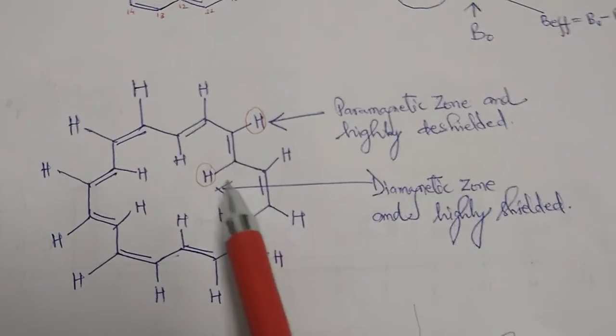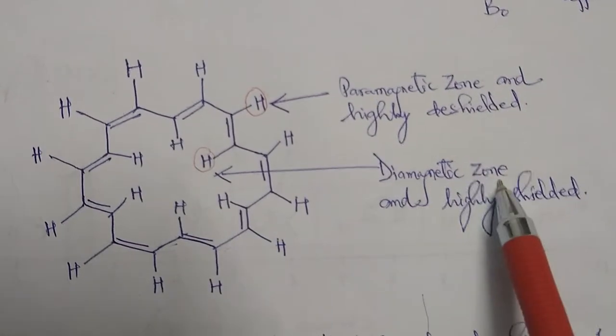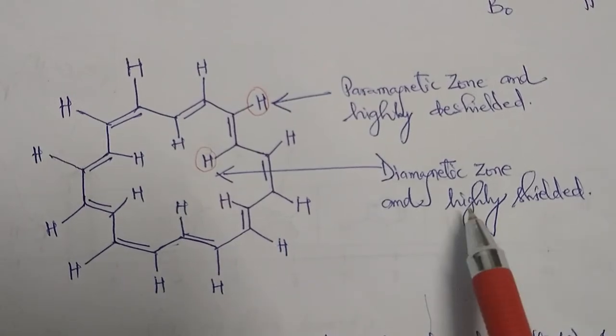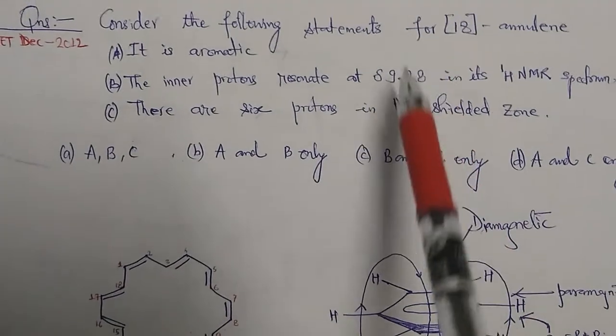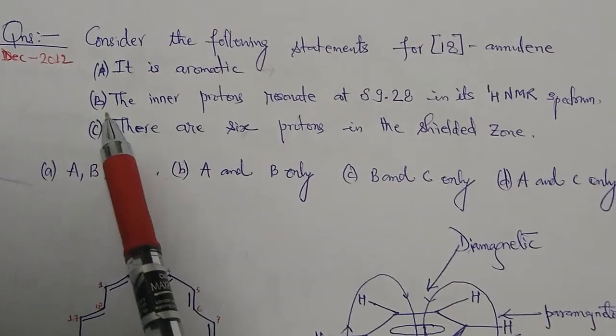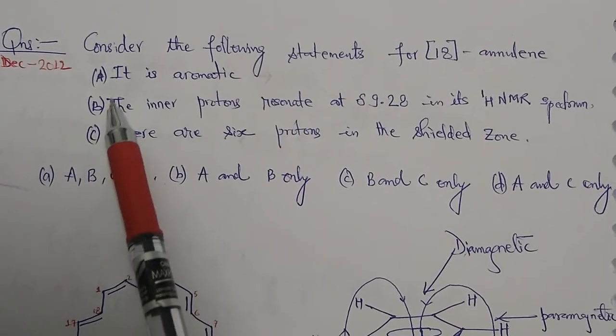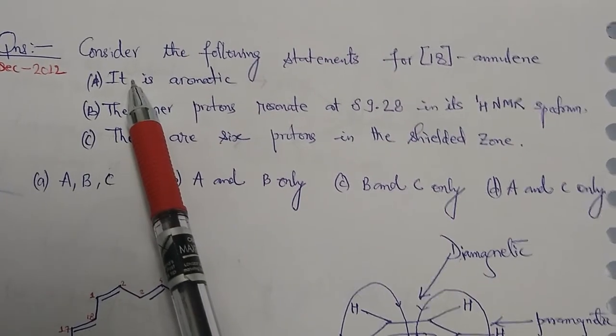As we have seen in the figure, the inner protons are in the diamagnetic region and are highly shielded. So they will have a low chemical shift value, which is not possible as delta equals 9.28. So option B cannot be the answer. And we have discussed that it is aromatic, so option A is correct.